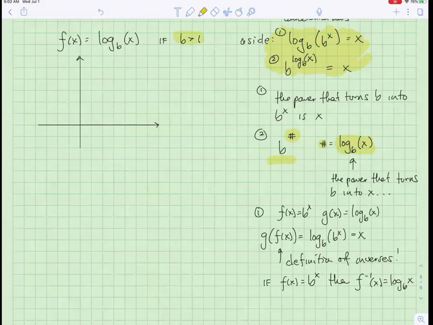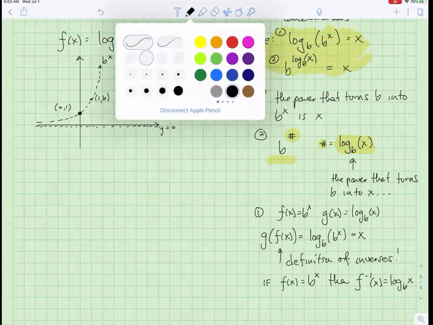b to the x for b greater than 1, which is this exponential growth function, b to the x, and has this horizontal asymptote of y equals 0, and this goes through 0, 1, and somewhere up here is 1 comma b, I know how to find the inverse of that function.